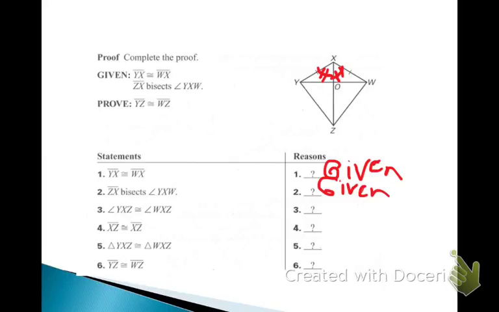Well, we had in the previous step that the angle was bisected, right? So if the angle is bisected, that means those two angles would be congruent. So that's the definition of bisector, and that comes from step 2.